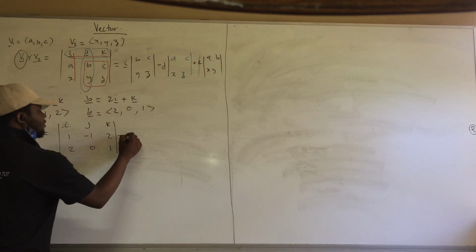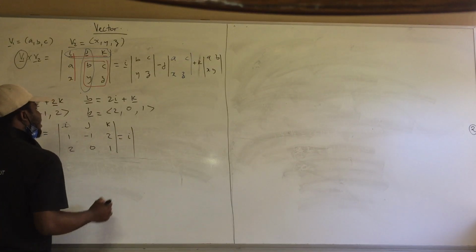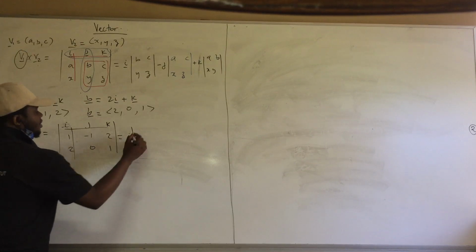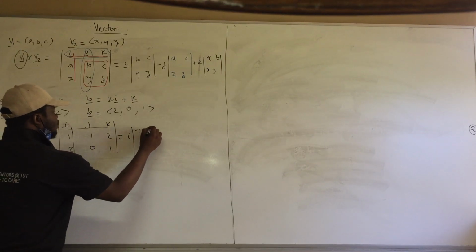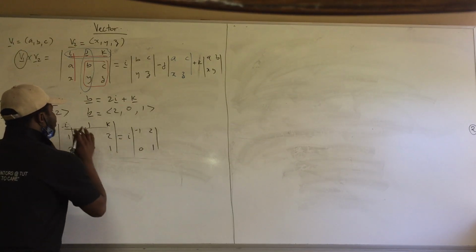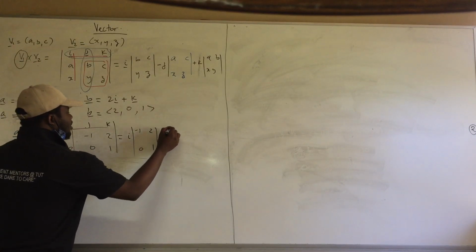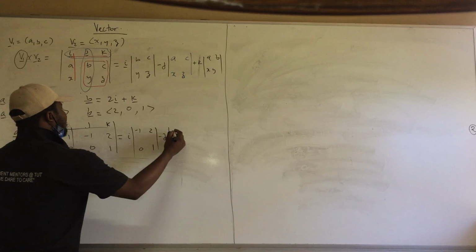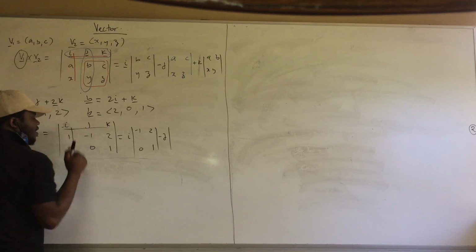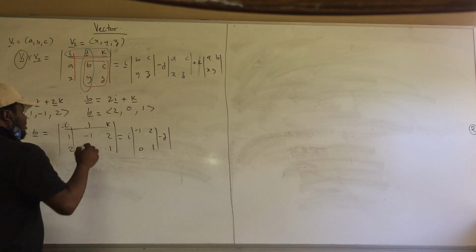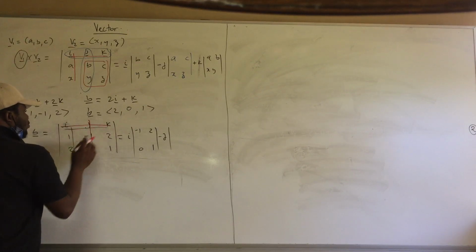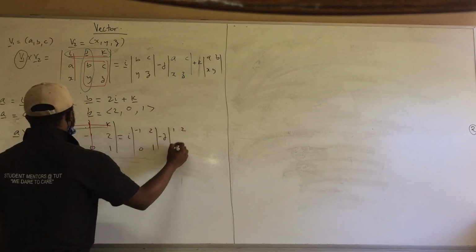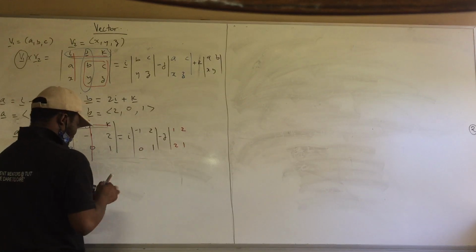I'm here at I, I cover the rest, and it's going to be minus 1, 0, and 2, 1. Then minus J, and I'm sitting here, cancelling these two, so I write the extremes, which is 1, 2, and 2, 1.